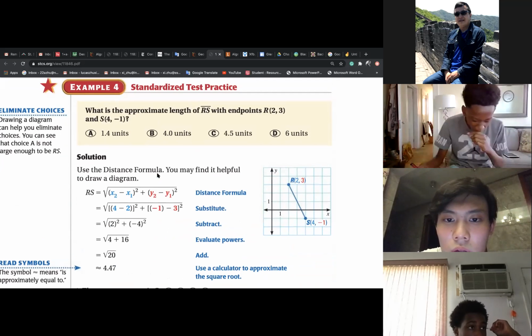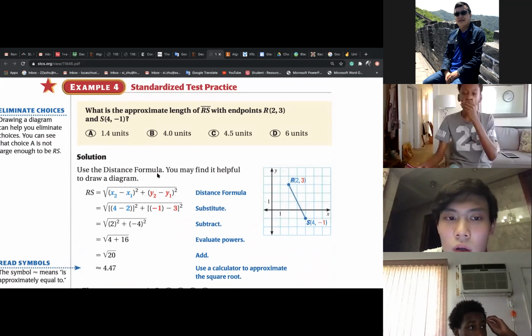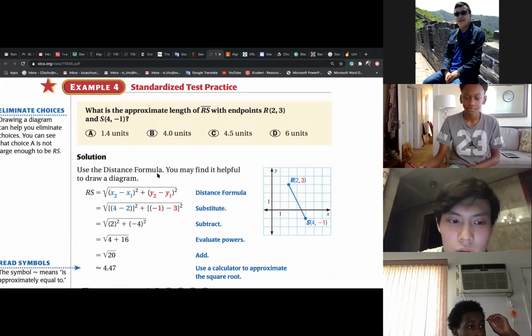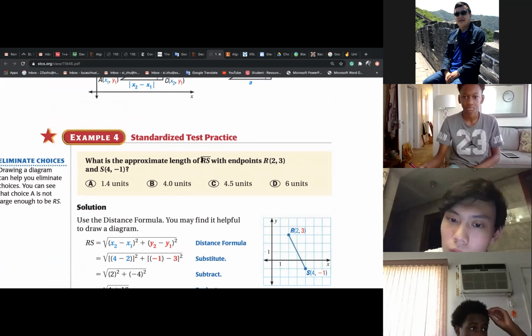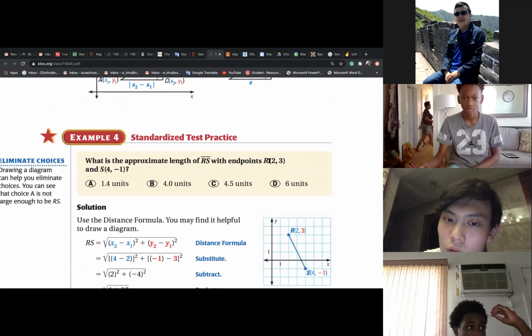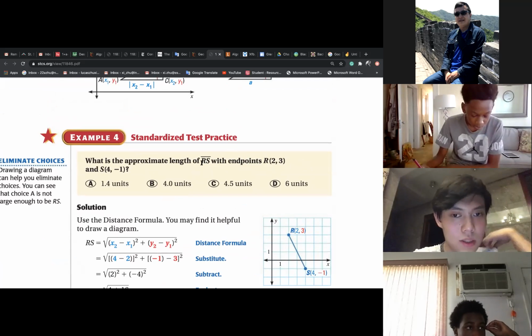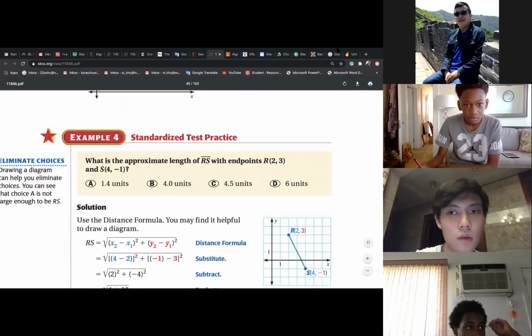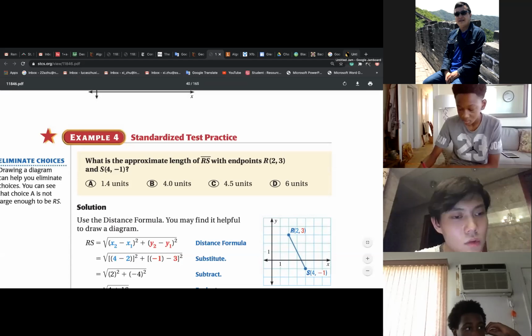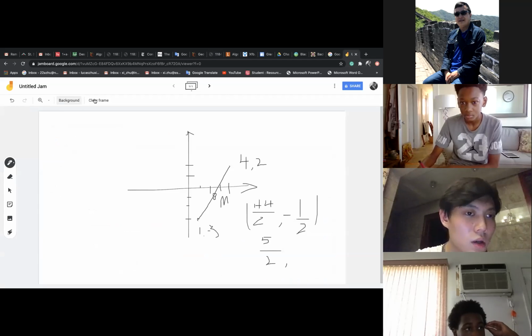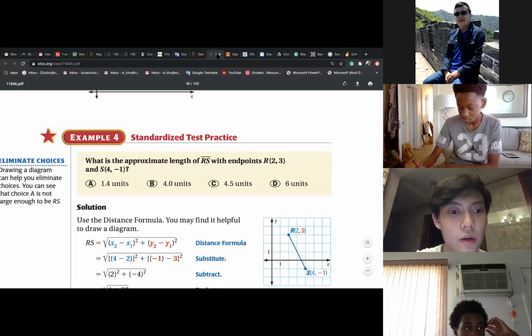Let's try to solve this one. If we know 2, 3 and 4, -1, what's the distance between them? We can write it down so you get a better idea.